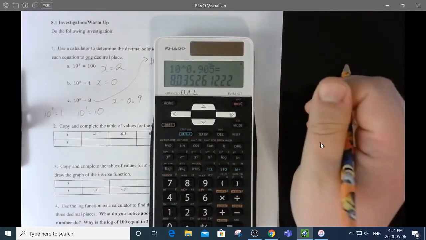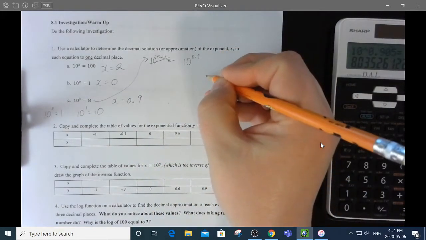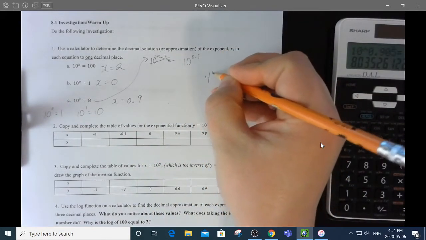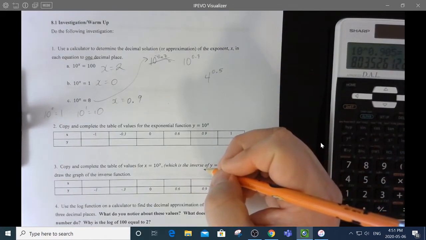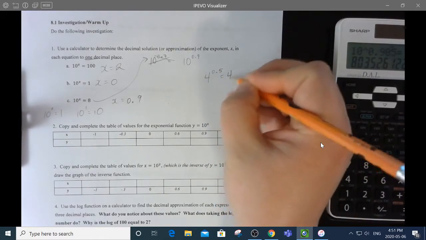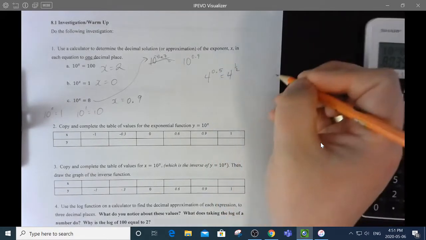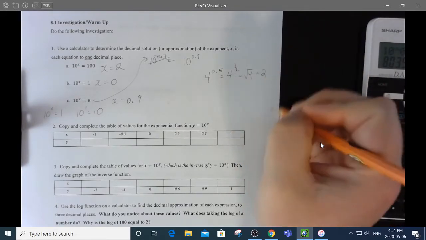Because what kinds of numbers are we dealing with here? Well, let me refresh your memory. Think about what 4 to the power of 0.5 is. You're probably going, I don't remember what 4 to the power of 0.5 is. How would I know that? Well, actually, yes, you do know that, because that's the same as 4 to the power of a half. And you should remember from grade 10 that that's the same as the square root of 4. So you should know exactly that that's 2.